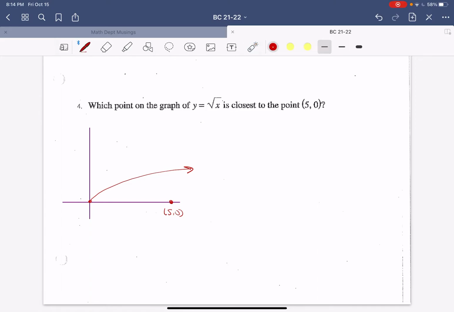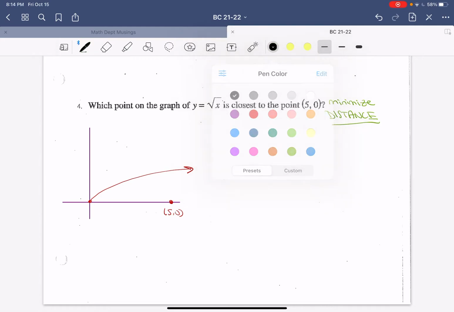I think you'd agree that in a question like this, we want to minimize a distance. In particular, we want to minimize the distance between a point that's on the graph of y equals root x and the point (5, 0). And the question is, where should that point be?